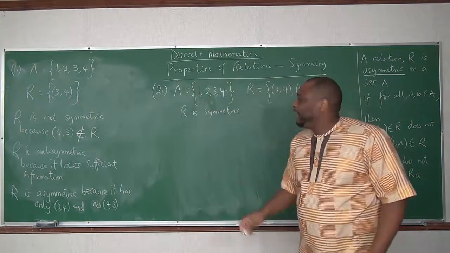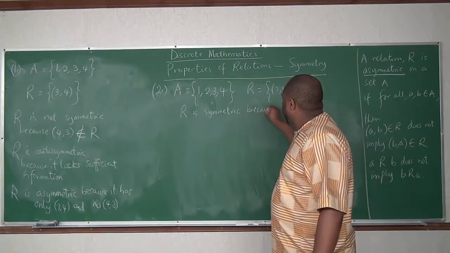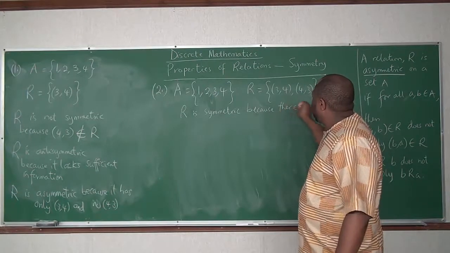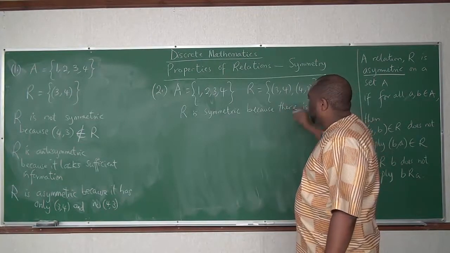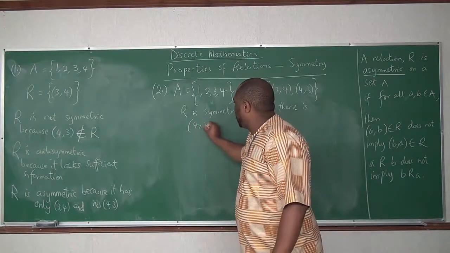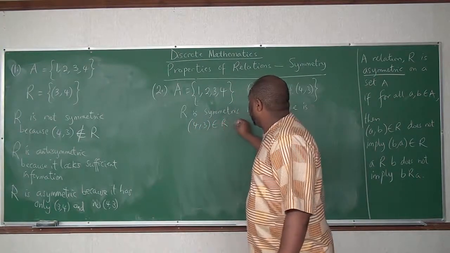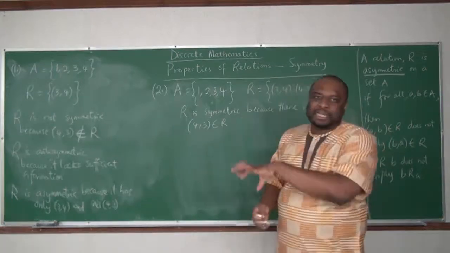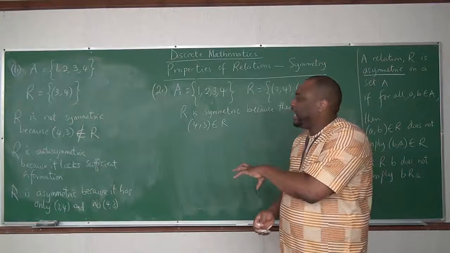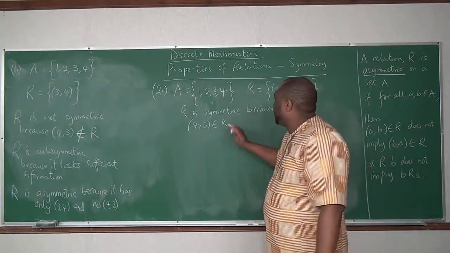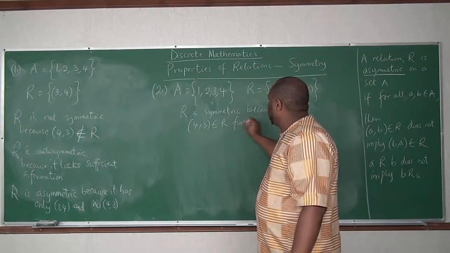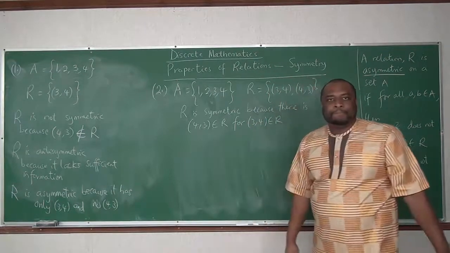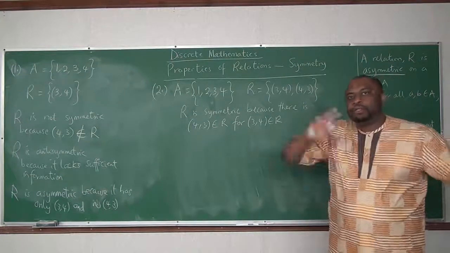It's symmetric because there is 4, 3. If you remember, 3, 4 is an element of R implies that there is 4, 3 an element of R. If you have 3, 4, you should have 4, 3.